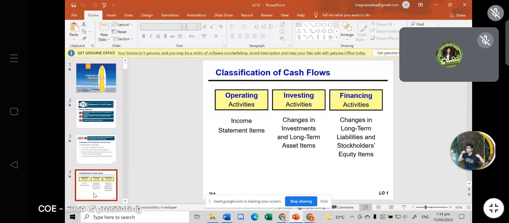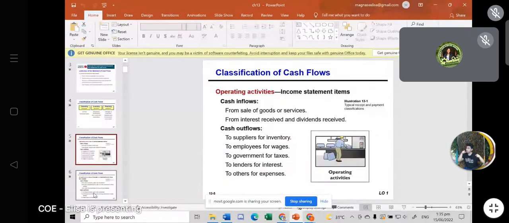So, the changes or the movements in amount between two periods in the long-term liabilities, that will be construed as your financing activities to do with liabilities, to do with the stockholders' equity or owners' equity. Whatever movement, that will be a financing activity classification. So, again, I repeat, atong reiterate, there are three classifications.